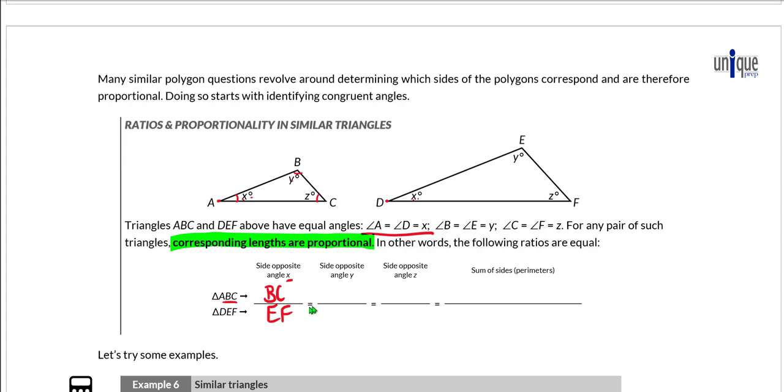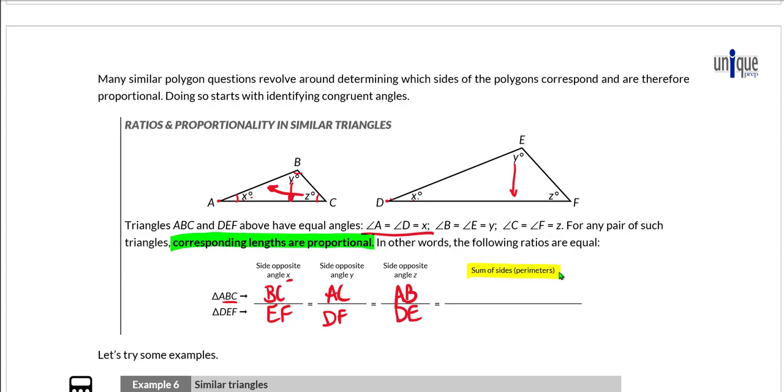So the ratio of BC to EF will be equal to the ratio of the sides opposite angle Y, AC in the small triangle, DF in the larger triangle, and the sides opposite angle Z, AB in the smaller triangle and DE in the larger.